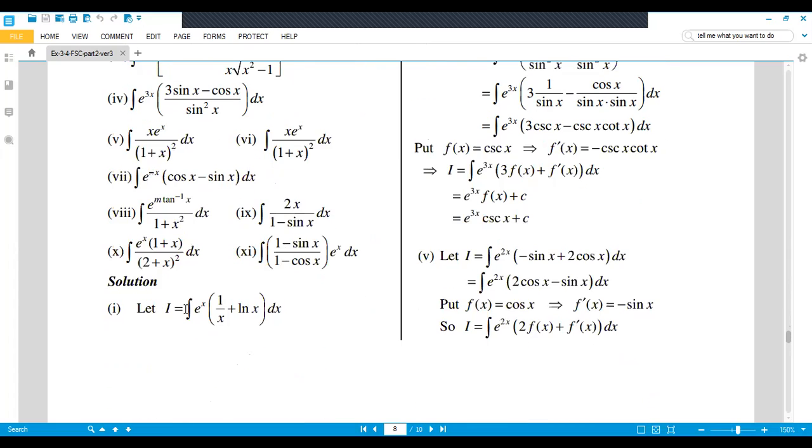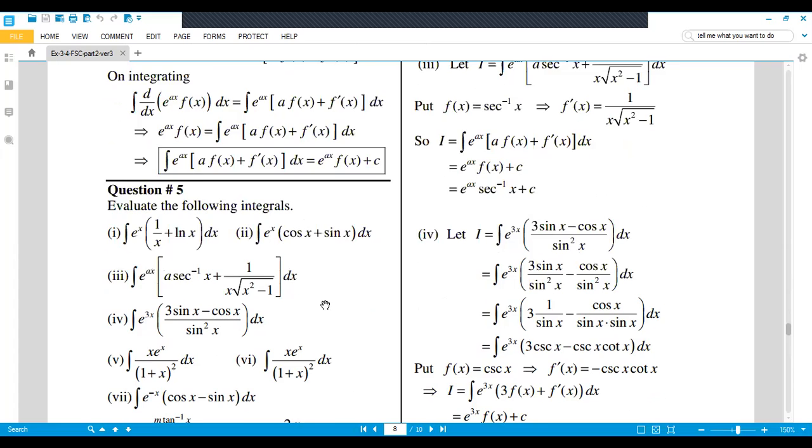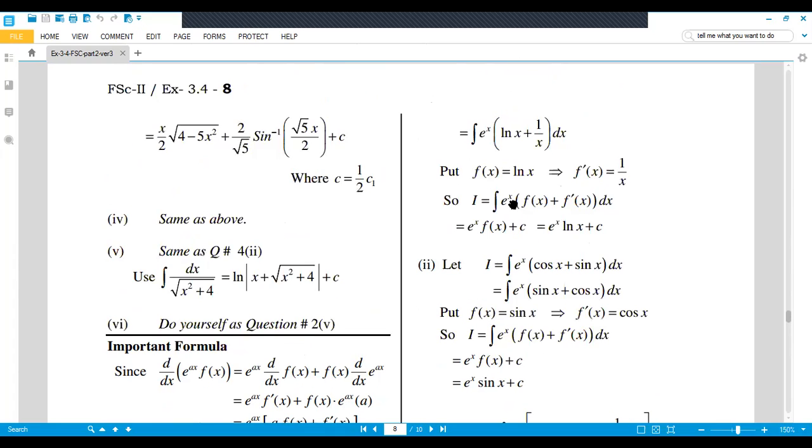So you just change their position: e power x times (natural log of x plus 1 over x). So f of x is natural log of x, and its derivative is 1 over x. So the integral of e power x times (f of x plus f prime of x) dx is equal to e power x f of x. So e power x as it is, f of x is natural log of x, plus c.